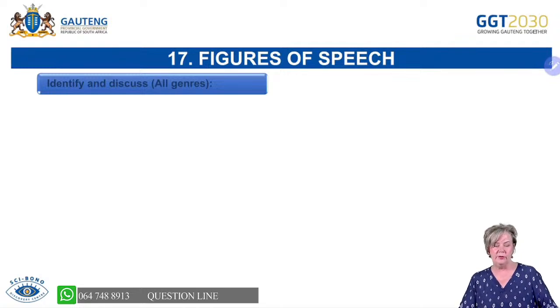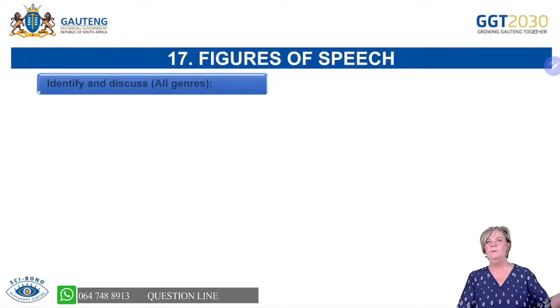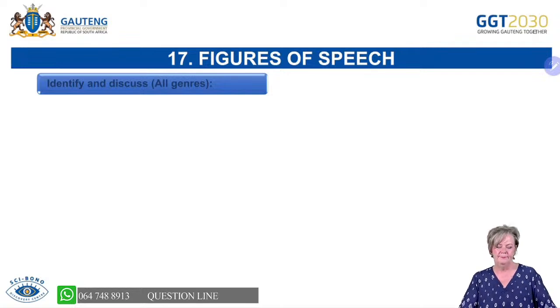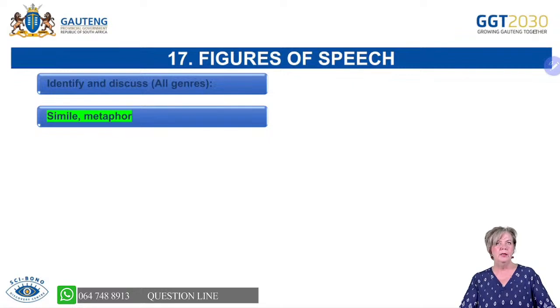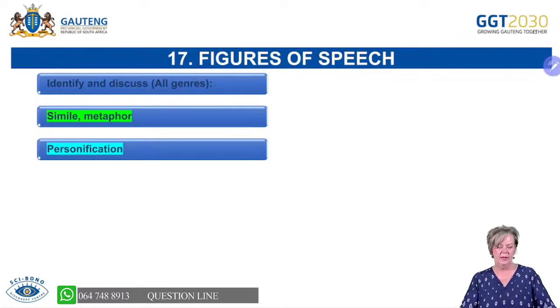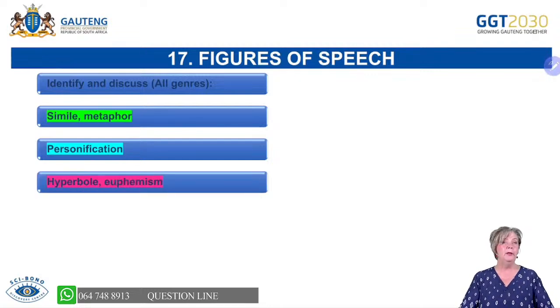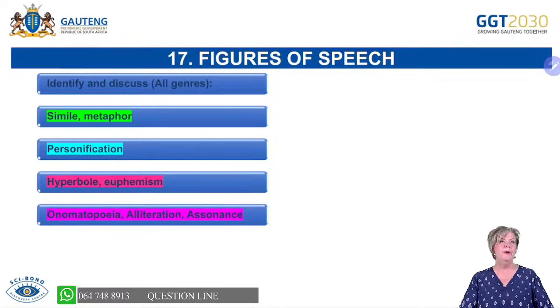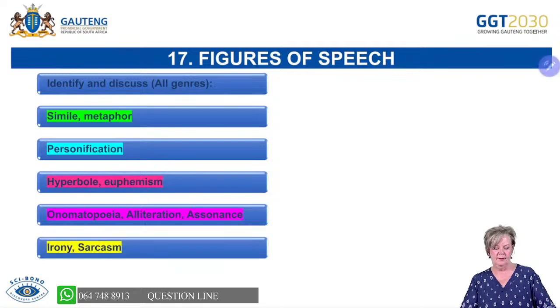Now, figures of speech will be questions on how to identify and discuss, and this is applicable to all the genres. A simile or a metaphor, personification, hyperbole or euphemism, onomatopoeia, alliteration or assonance, irony, sarcasm.